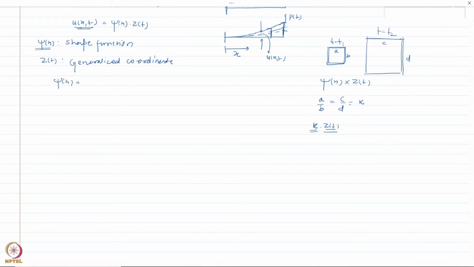So if I multiply phi x with z t, it is going to give me u of x t, which is basically the overall deformation at each and every point on this beam.